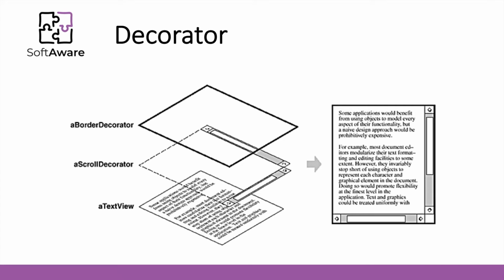A more flexible approach is to include the component in another object that adds the border. The enclosing object is called a decorator. The decorator conforms to a specific interface and it decorates the initial object so that its presence is transparent to everyone that is using the first component initially.